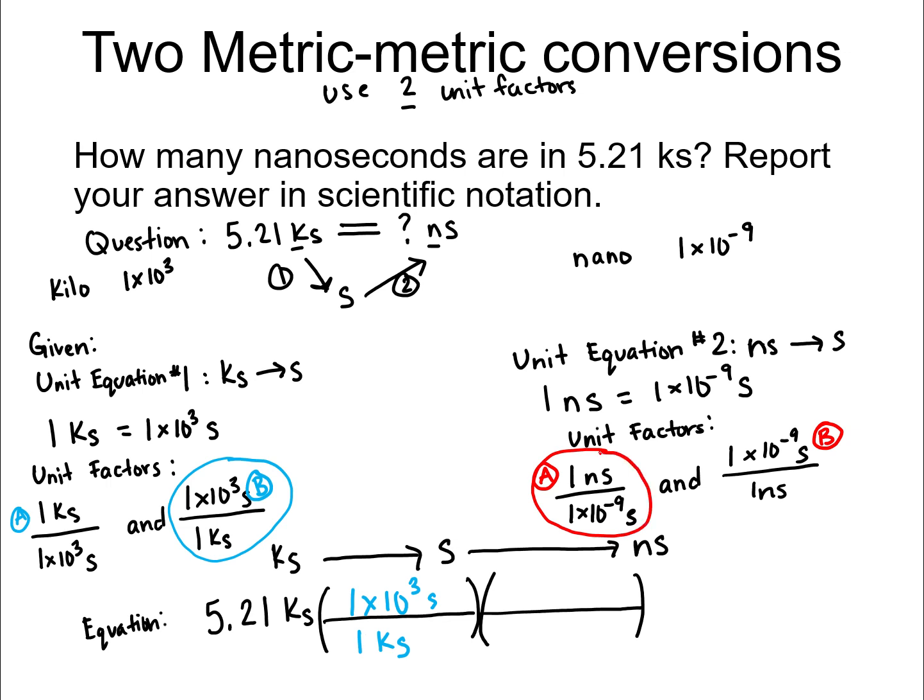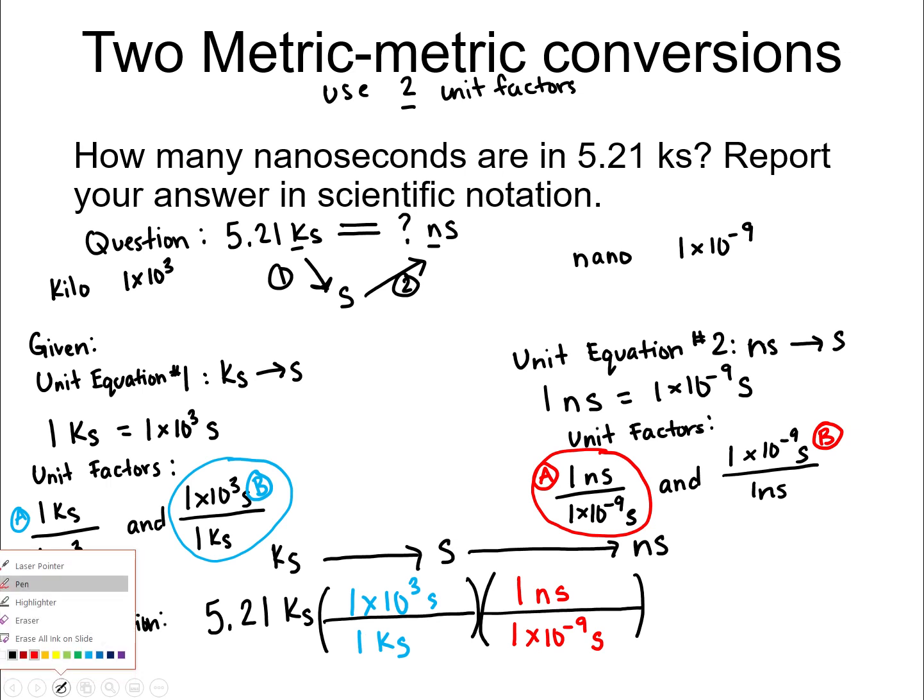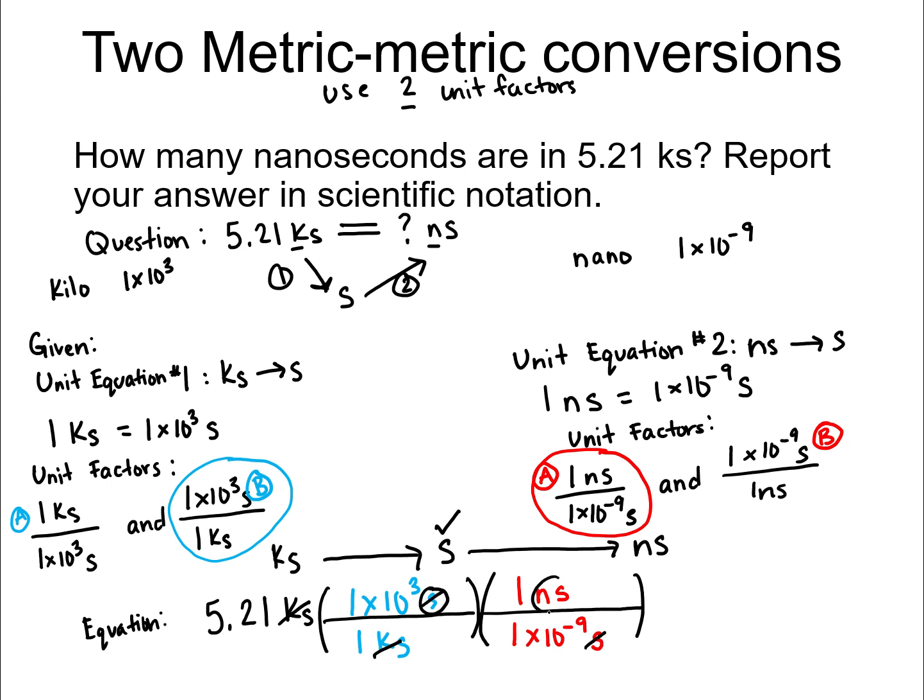We need A. Let's make sure that our units make sense. The first step, we're getting rid of kiloseconds, and we should end up with seconds. We do. The next step, we get rid of seconds, we end up with nanoseconds. And that's what we want.